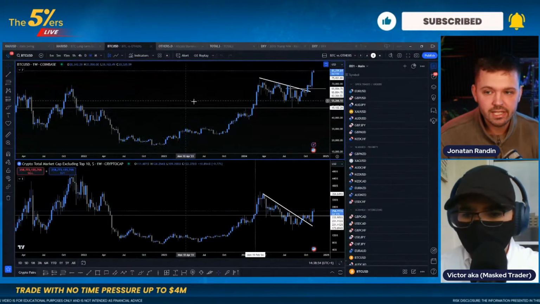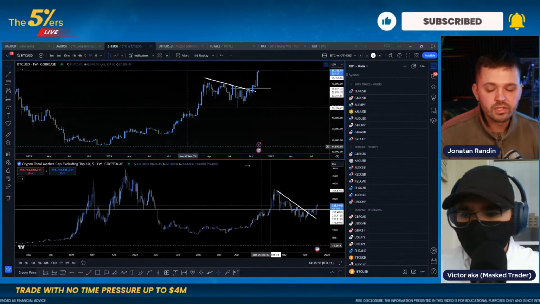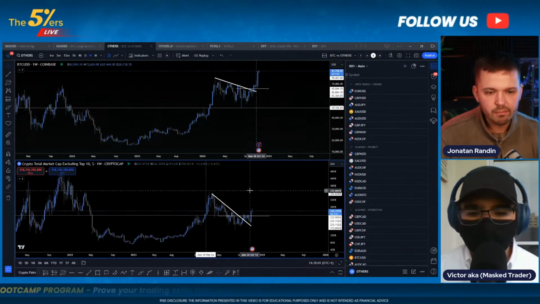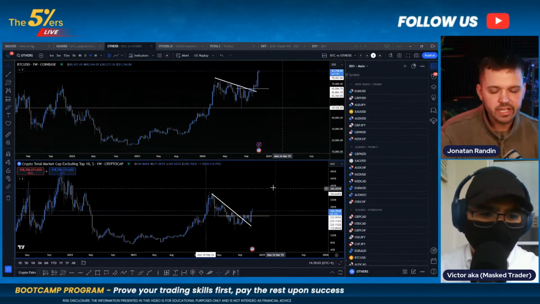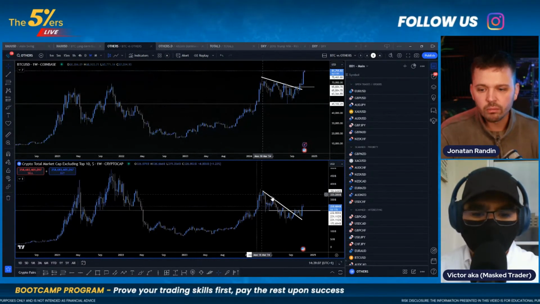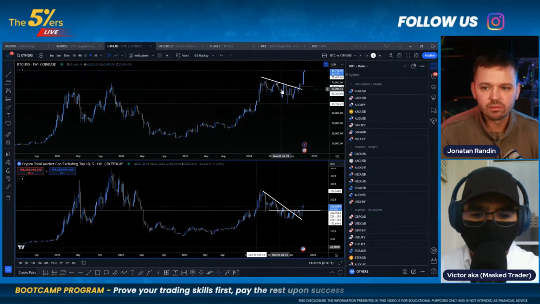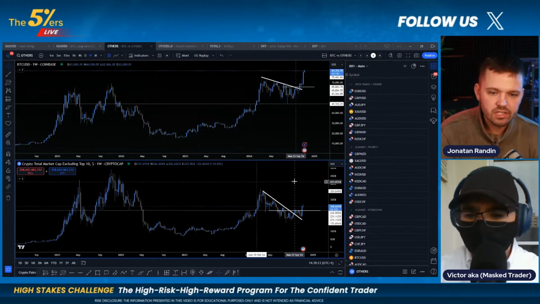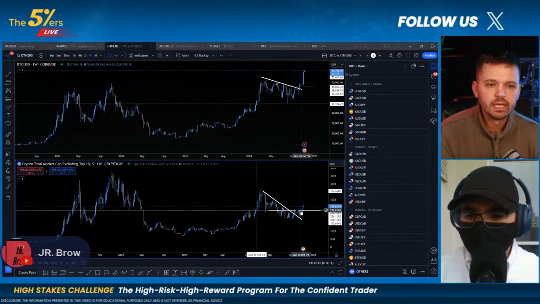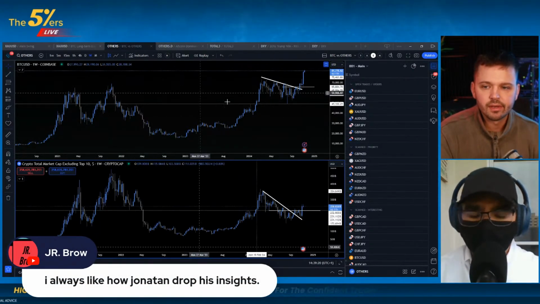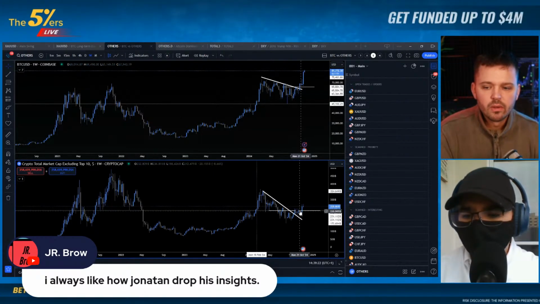We're going to be looking at Bitcoin versus the crypto market cap, excluding the top 10 right here, just to show you guys that I believe the altcoin market is severely lagging behind. You have the exact same structure, but much more upside potential on the market cap for the altcoin market compared to Bitcoin.